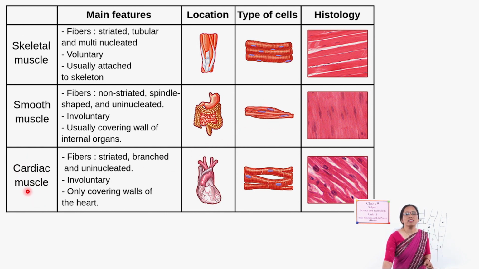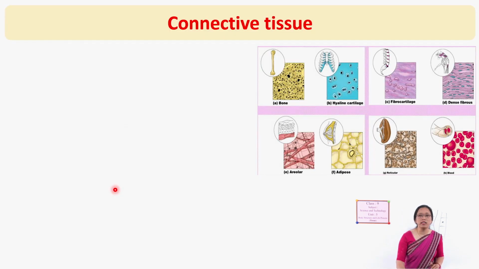And the next one is cardiac muscles. What type of fibers do these have? Striated, branched and uninucleated. They are involuntary muscles, that means they are not under the control of our will and wish, and they cover only the wall of the heart, exclusively present in the heart only.